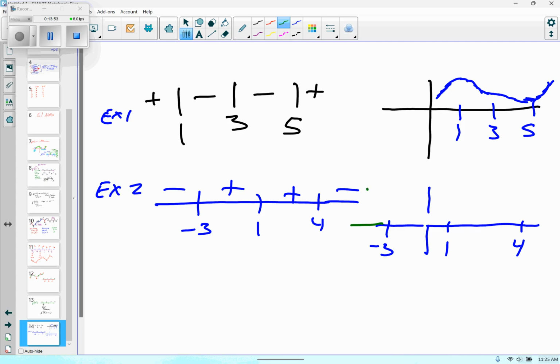So negative 3 here, negative here, and then it changes directions, flattens out for a moment, and then keeps going up until we get to 4, and then goes back down. So this would be negative slope, positive slope, negative slope. This is where some sort of point of inflection is taking place. We'll call it a POI for a point of inflection. Again, the point of inflection is where the second derivative is equal to 0. So now we're ready to play around with this graph, and I think we could do this graph pretty easily.